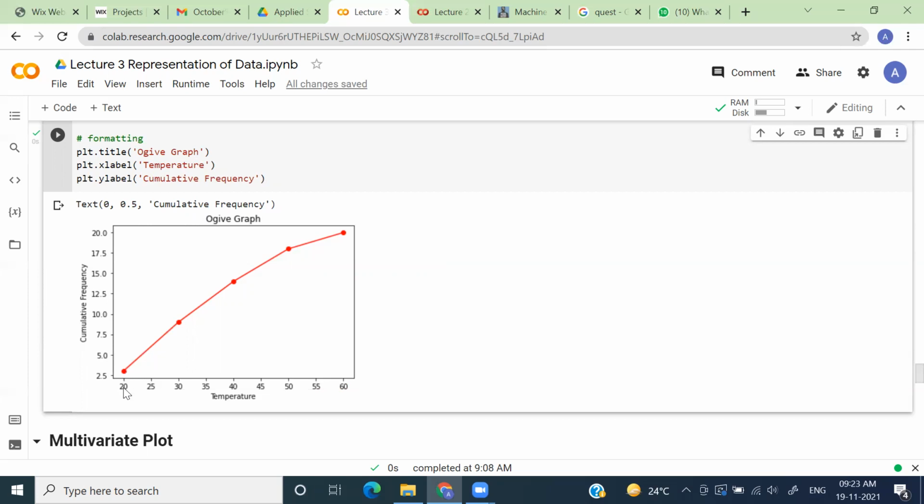Then the count between 20 and 30 was 5. So 5 plus 3, 8. You will see a dot at 8 on the y-axis. It's just a representation of cumulative frequency, and it will always be increasing because we are summing up every consecutive observation.